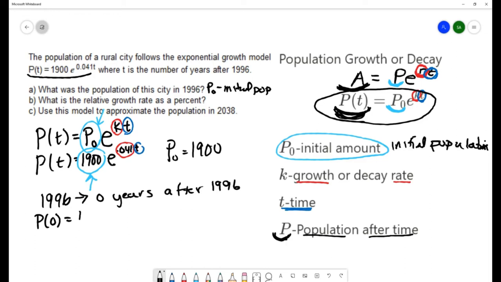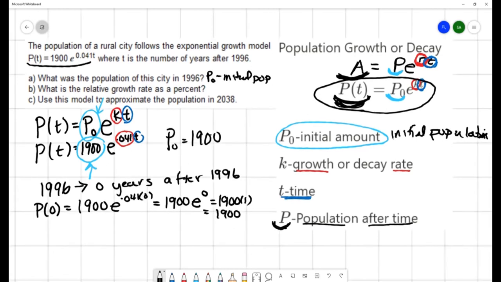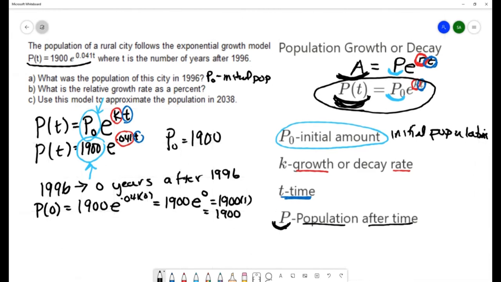That would give 1,900 e to the 0.041 times 0, and 0.041 times 0 will be 0, so we have e to the 0. E to the 0 is 1, and so we get 1,900 for the population in 1996. That's our answer for part A.